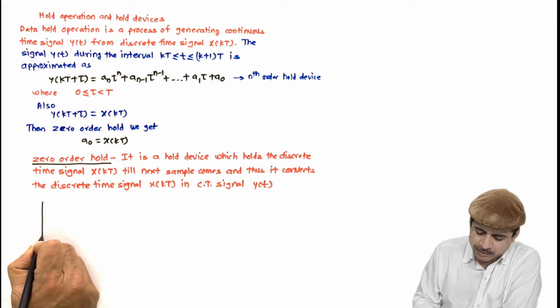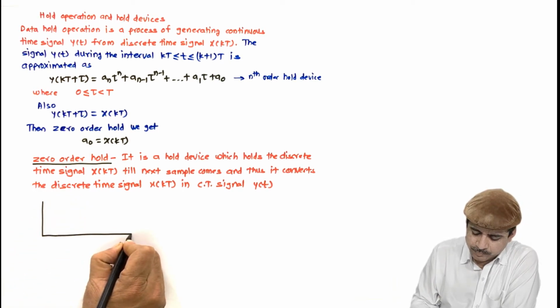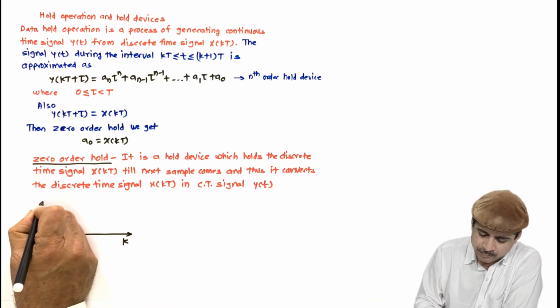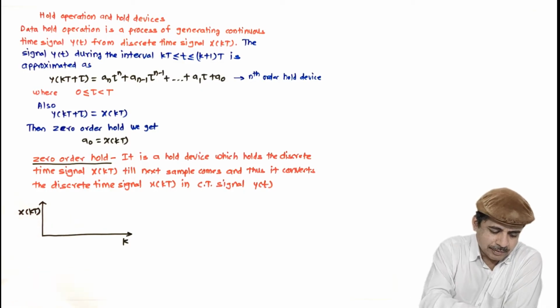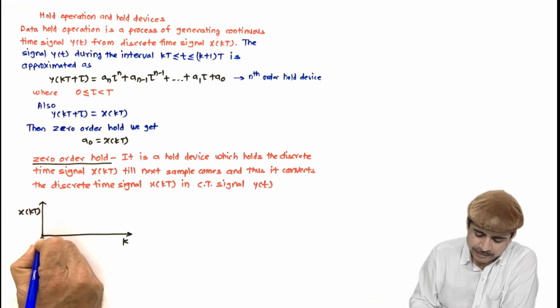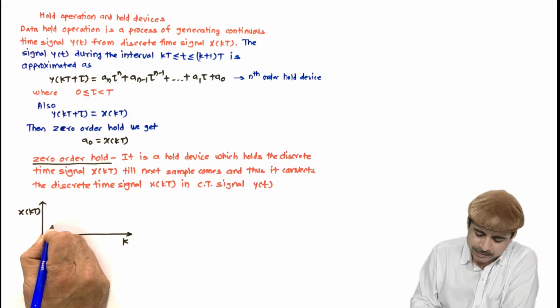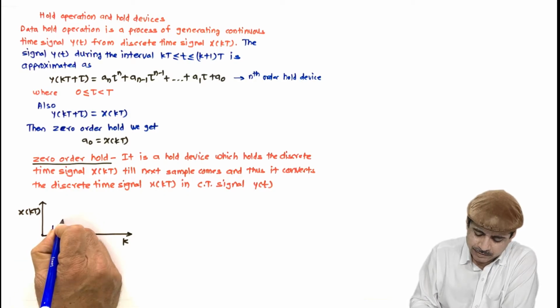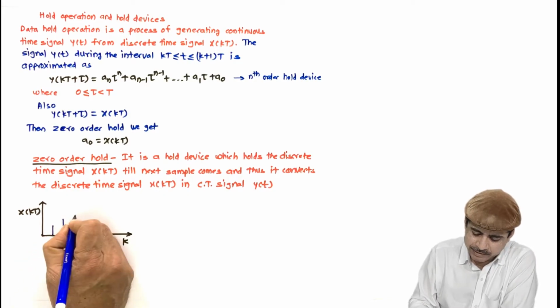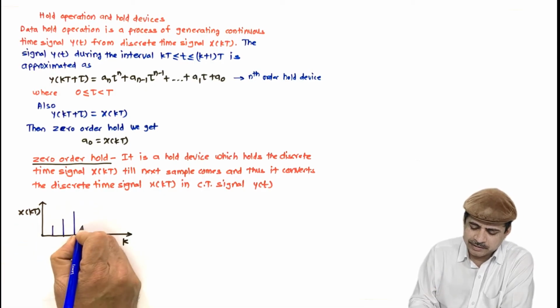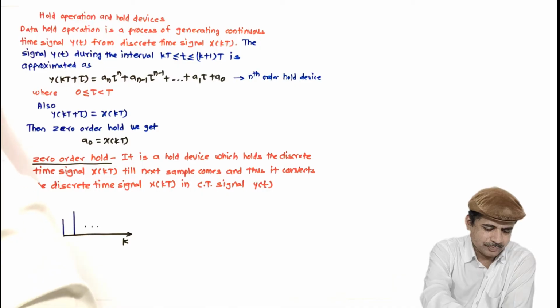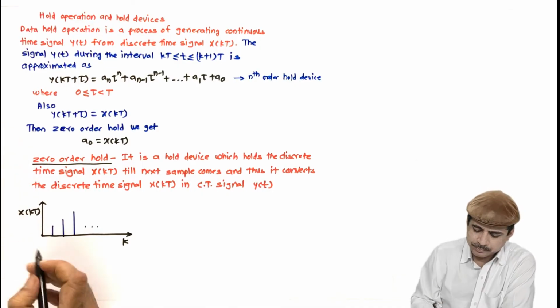So let me have x of kt as, say here, 0, then at next sample let this be the signal, then at next sample let this be the signal, and next sample this be the signal. Let us consider only these signals and it is continued.